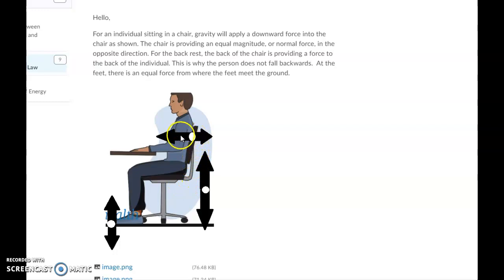It's not going to change the reaction pairs, but if the person sitting in the chair, who looks remarkably like a Star Trek guy, leans back with enough force that it doesn't break the chair, there's still no increase in the reaction pair, because the reaction pair is just what's there naturally.